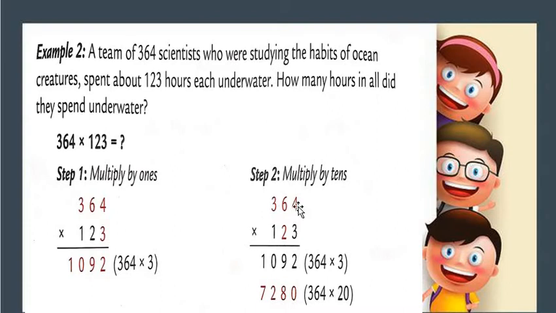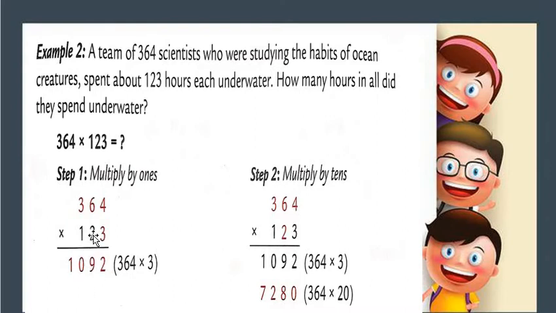Understood? I hope you all understood. First we multiply by ones, multiply by tens, and then after that, all students, multiply by hundreds. What to do first? 364 multiplied by 3, then 364 multiplied by 20, and now 364 multiplied by 100.